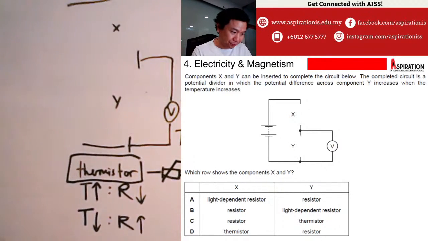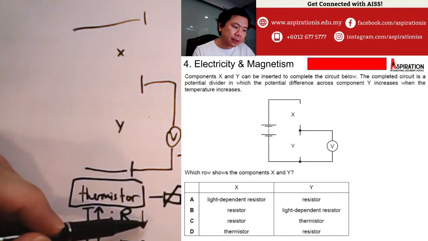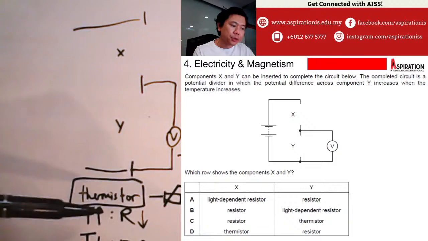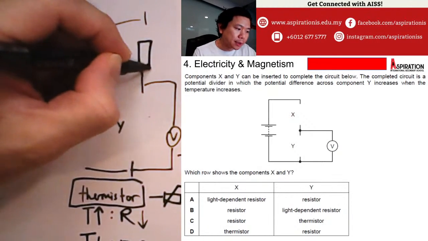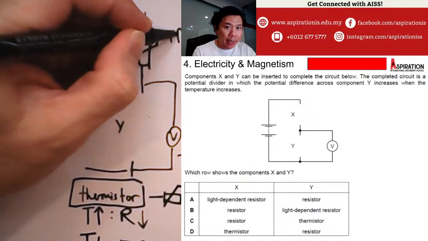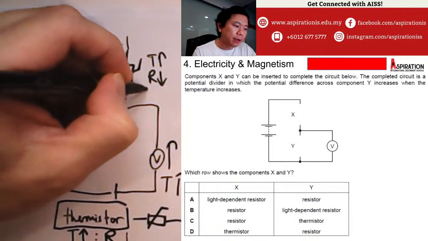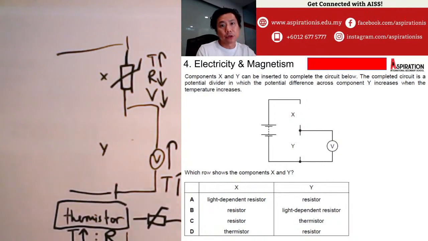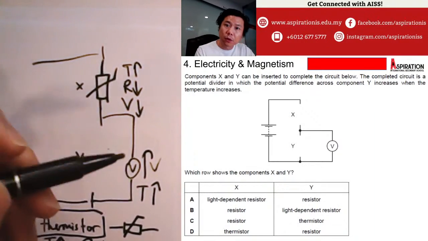So when the temperature goes up, the resistance of the thermistor goes down. So you definitely will not put the thermistor here. You will put the thermistor here. So when the temperature goes up here, resistance goes down and voltage across it goes down. That means that the voltage here will go up.